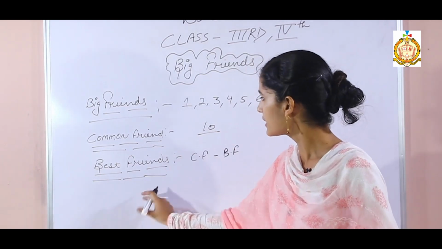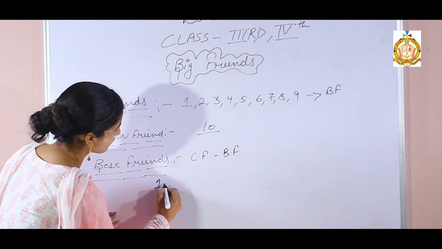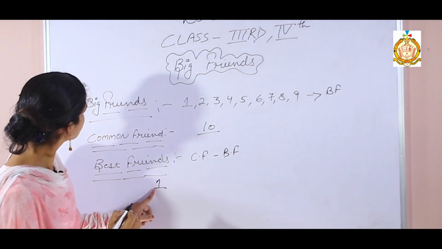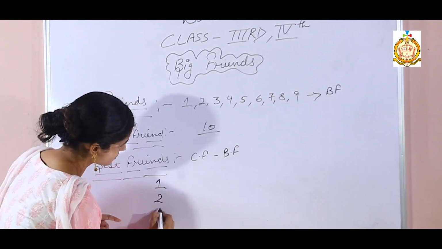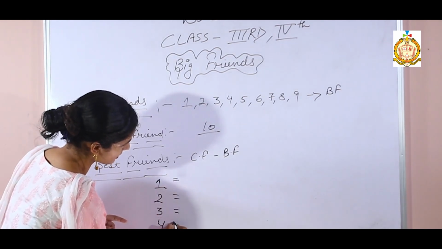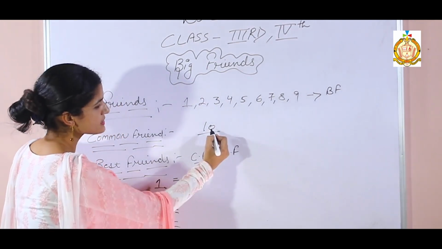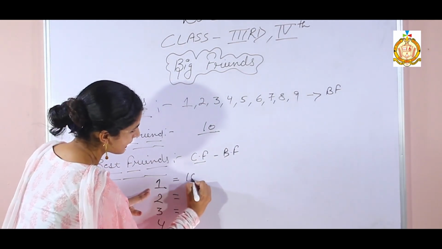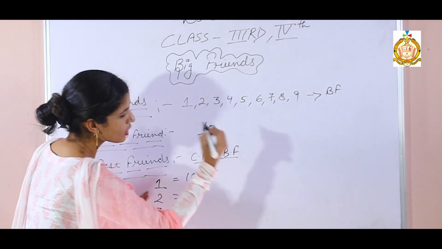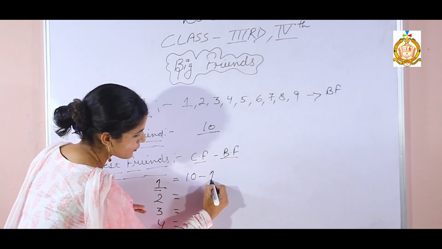So firstly write your best friends here. First big friend is 1, 2, 3 and 4. How will we find the best friend of big friend 1? So common friend is 10, we know that. 10 minus, subtract your big friend. Now we are talking about 1, so subtract 1 from 10.